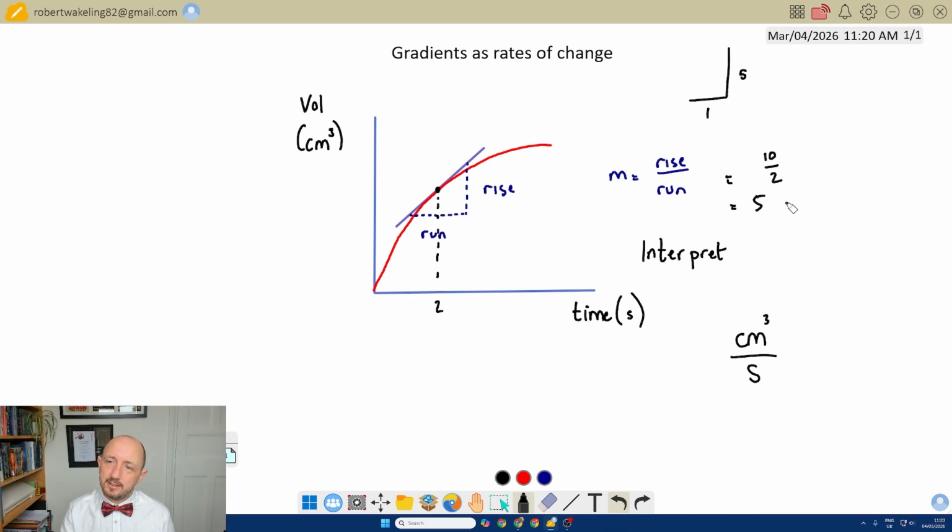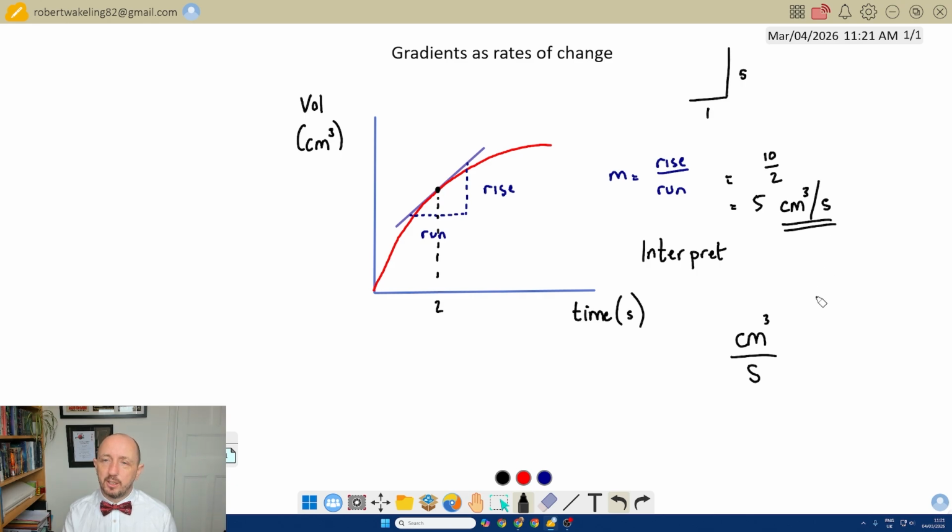Then we'd have centimeters cubed divided by seconds. This is how we change centimeters cubed divided by s into our unit to help us interpret the question. So in this context, we have this rate of reaction. Imagine you're reacting two things together and collecting the gas. At this particular moment in time, we have a rate of 5 centimeters cubed per second. So at that moment, we're producing 5 centimeters cubed of gas every second.